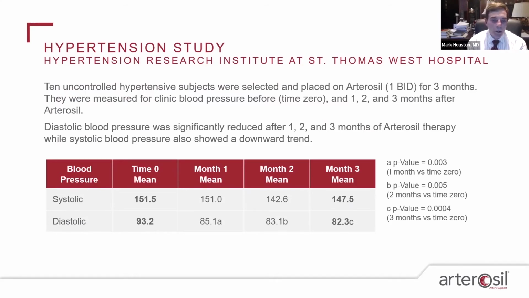But what we did see is some reductions in particularly systolic and diastolic blood pressure very shortly, within 3 months. So there's data to show that we can use ARTEROSIL not just for plaque morphology regression, but also some early data that it lowers blood pressure as well. So doing those two together, attacking those two risk factors, I think has great promise for reducing coronary heart disease.